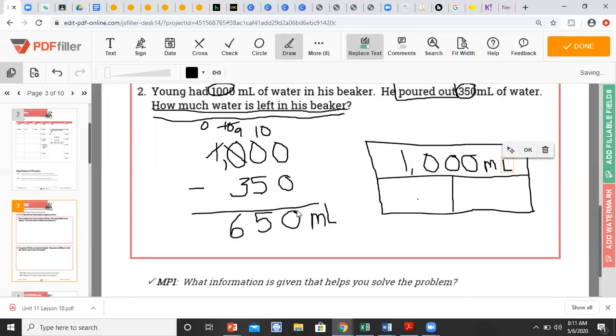We also know that we poured out 350 milliliters.